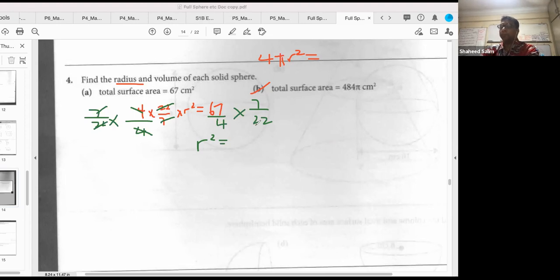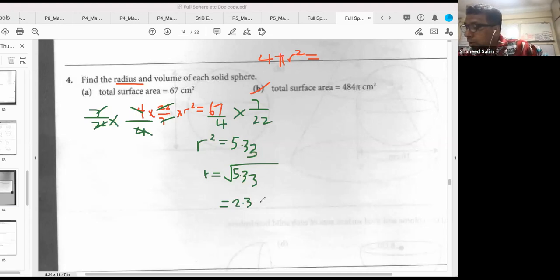Okay, so you get 5.3233. Now you got to square root it. Square root, Ryan. How much do you get? 2.3. Inshira said 2.31. Okay, no problem.